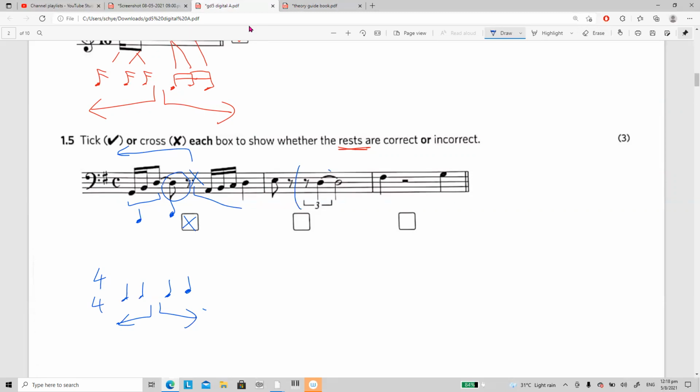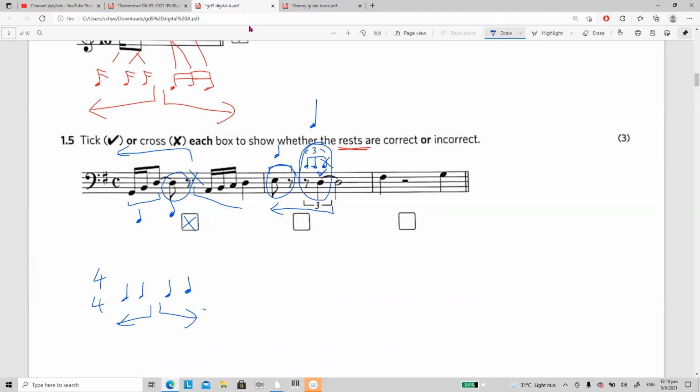Next one, let's settle this. When you see triplets, you need to settle the triplets first. These triplets mean a grouping of 3 quavers. It comes from 3 quavers actually. This one count has 2 quavers, so we don't count the last one, which means this group has 1 crotchet. So in this case, your first half has 2 crotchets, and these rests belong to the first crotchet. These rests belong to the second crotchet.